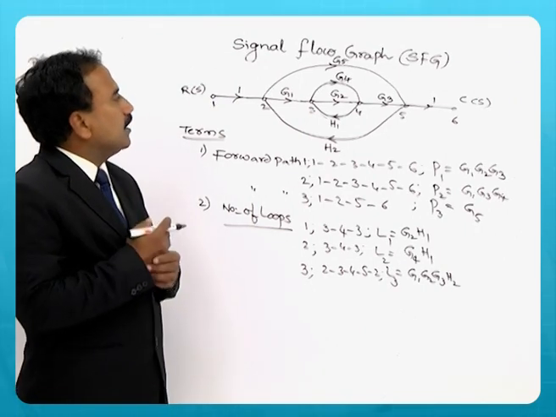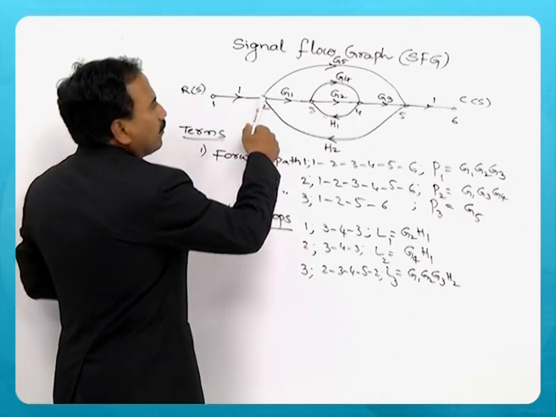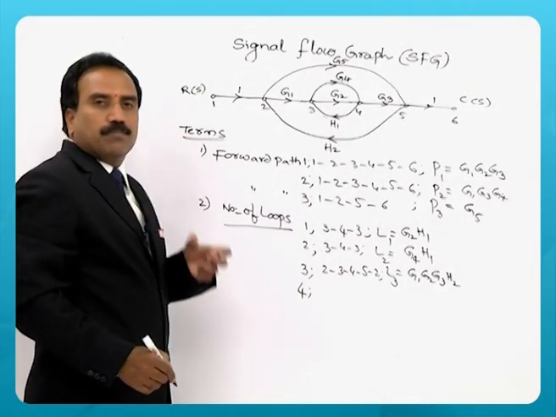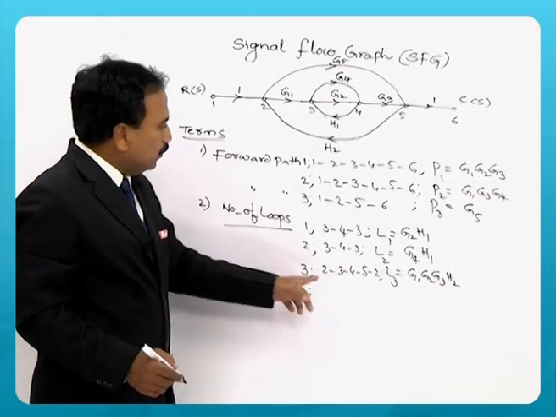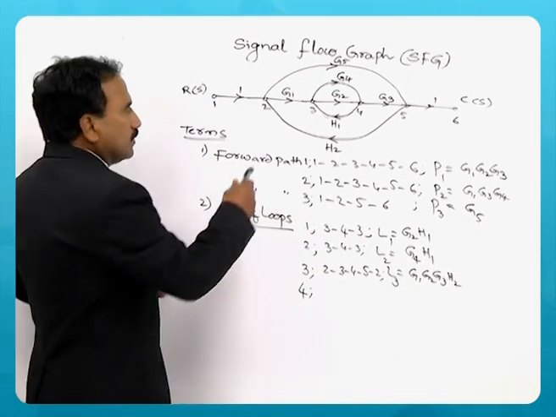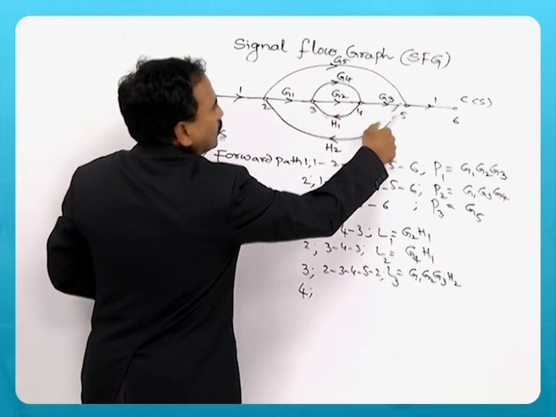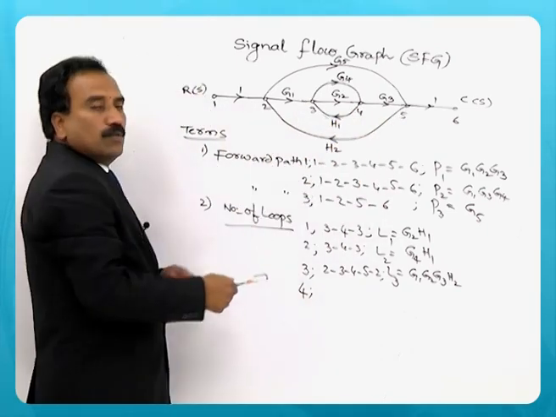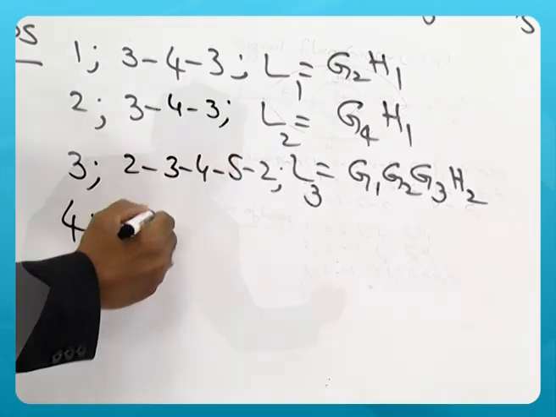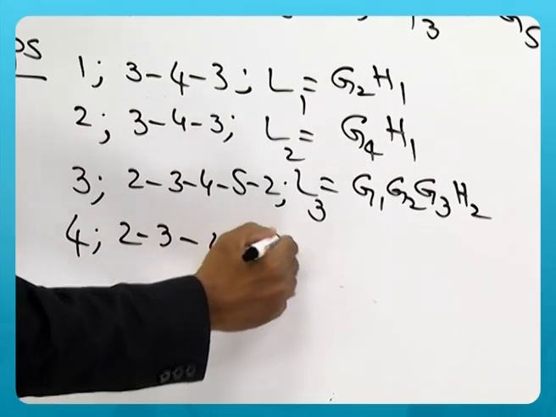Next, is there any other loop you need to identify? Now you can see that from here again it starts another loop. I am trying to represent its gain. First loop path, then what is its gain? It is a product. So again you start from G1, 2, G4, G3 and H2. This is also another loop. So I start again from 2, 3, again via this 4, 5 and 2.